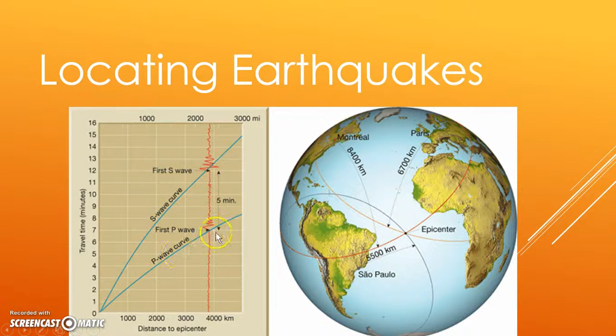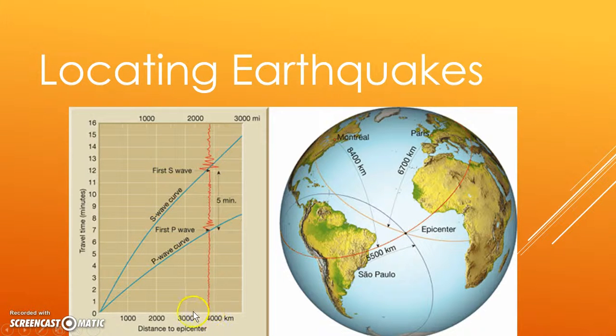We have the P wave, you have a time that it hits, and then you have a time that the S wave hits. The travel time is 5 minutes, and you also have a distance when those hit. So based on how long it takes, then you can calculate the distance.